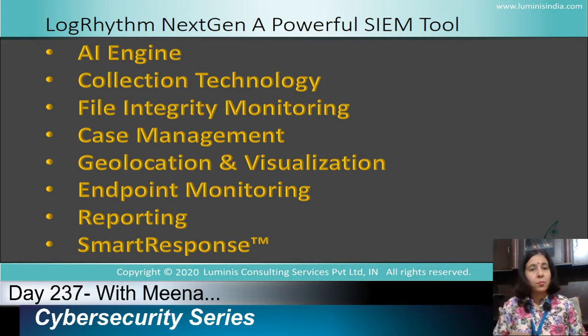These are the main features of LogRhythm NextGen. For example, the artificial intelligence engine. Normal tracking of the logs is not sufficient, so we also need to empower our technologies with artificial intelligence so that we can use human and machine knowledge together to catch the wrong traffic from our network.